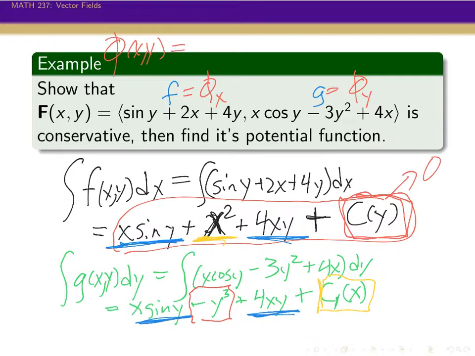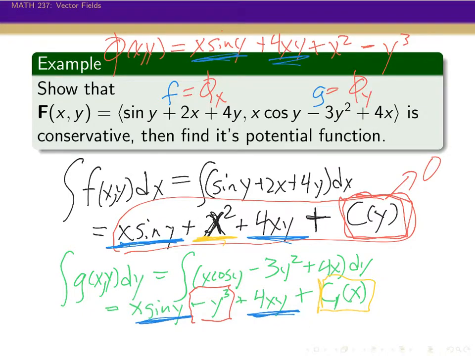And so when we put this together, our phi function is going to have, notice that the two functions that it shares both have x's and y's in them. So phi of xy is going to have x sine y plus 4xy. And then I'm going to add in the x squared and subtract off the minus y cubed. Okay, and so if you look, I've got x sine y and 4xy.